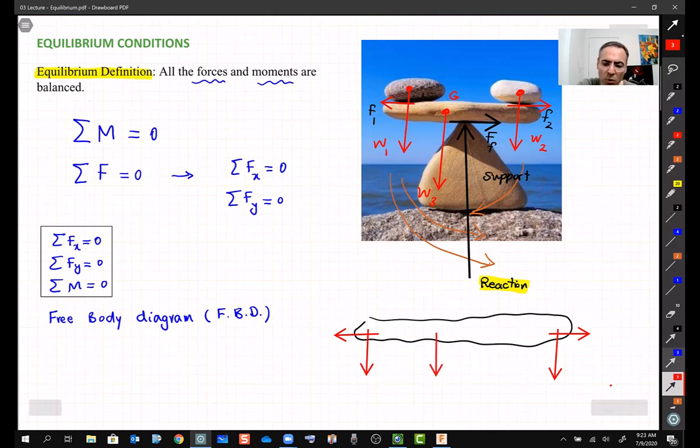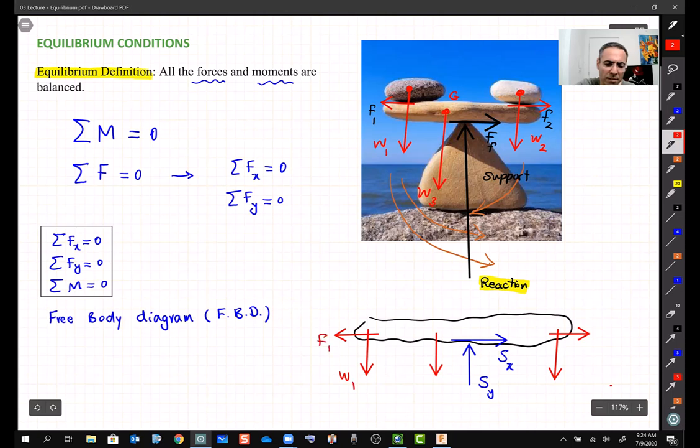And then what I have here are the reaction forces. Let's call them whatever you want to call them. Let's say if the name of this support is S, let's call them Sy and Sx. All right, so this is W1, F1, W3, W2, and F2. This is in fact a free body diagram.